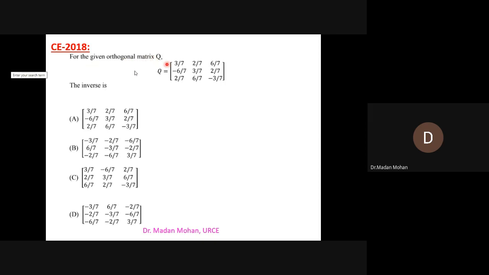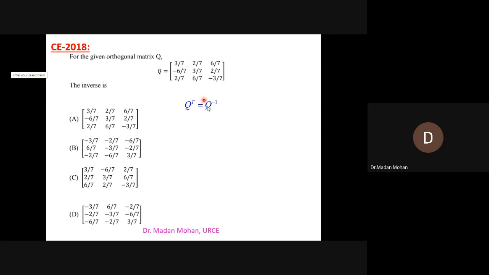Q transpose is Q inverse. This we know, because orthogonal matrix means the transpose is the inverse. Q transpose is Q inverse, orthogonal. What you are asked? This is given to us.